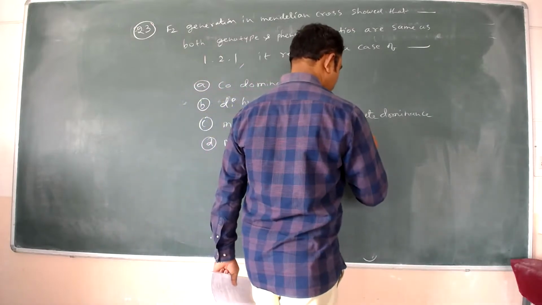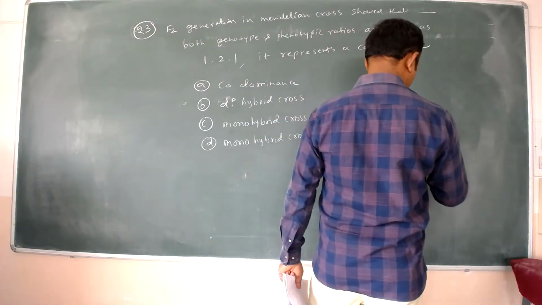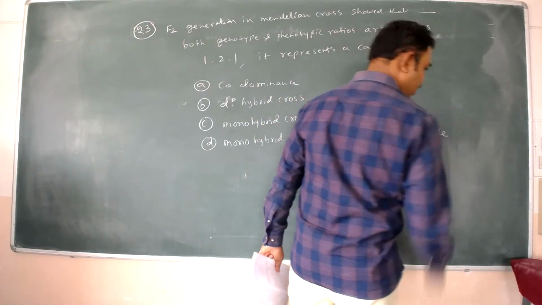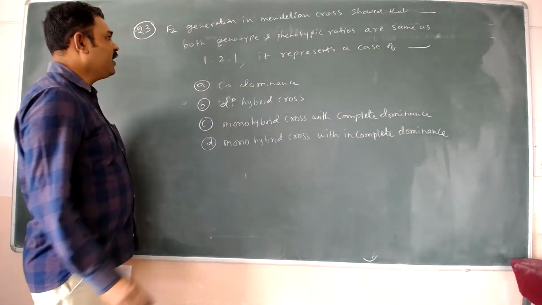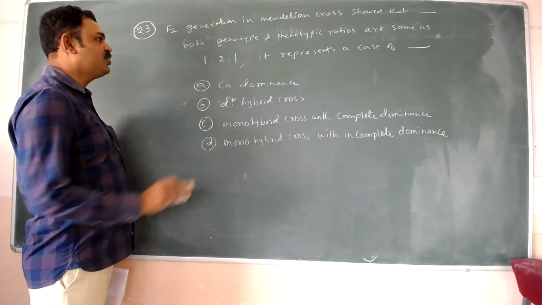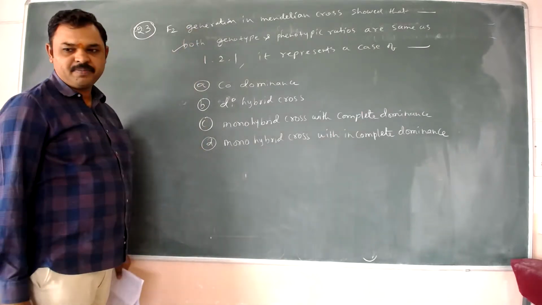You see this here, the F2 generation in a Mendelian cross showed both genotypic and phenotypic ratio 1:2:1.